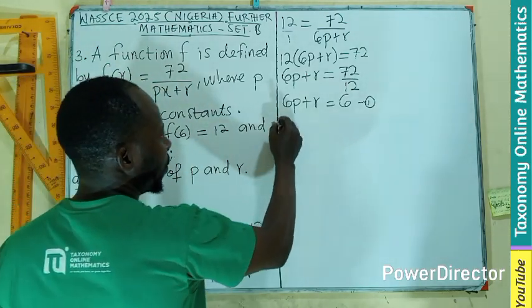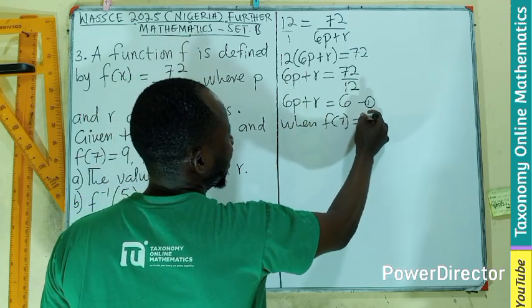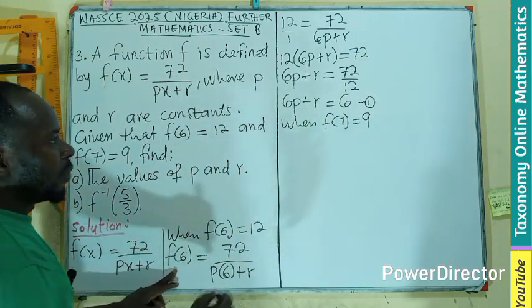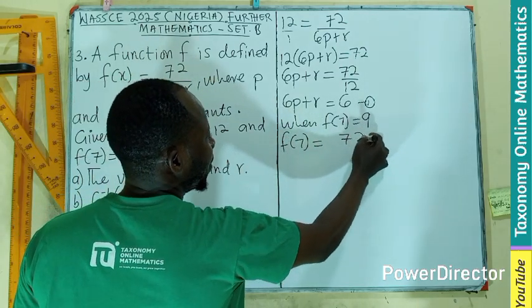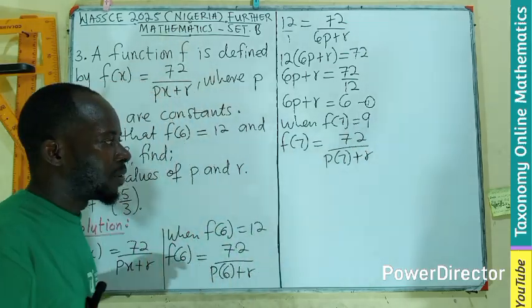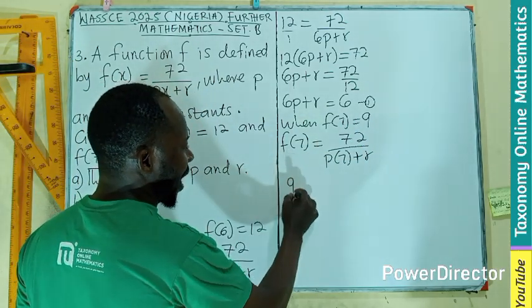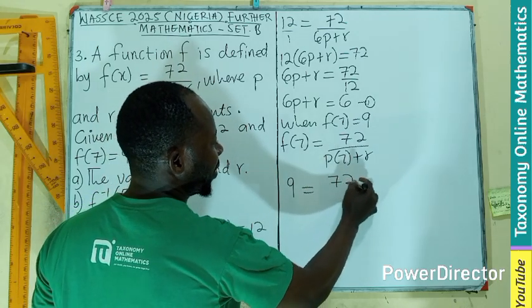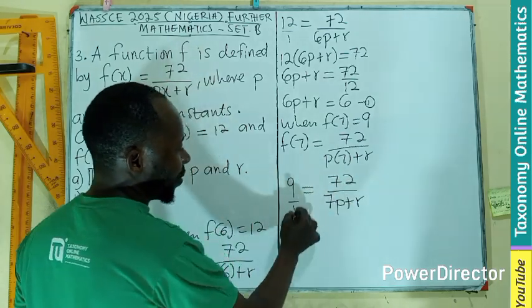So here, when f of 7 gives us 9, we are going to have f of 7 equals 72 over p times 7 plus r, where the f of 7 will now be replaced by 9 equals 72 divided by 7p plus r.